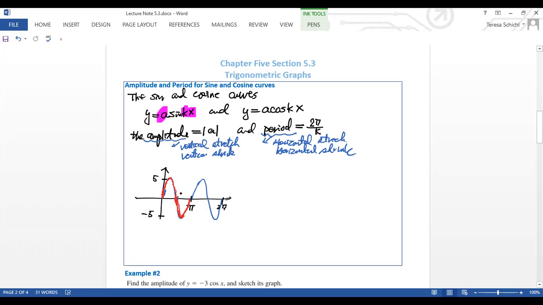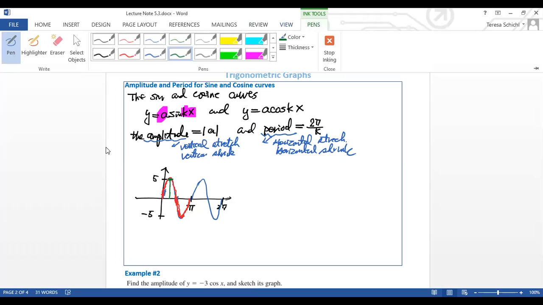So the period here is pi, which means I shrink, right? Because the period was 2 pi, and right now it's pi. And the amplitude here, from the x-axis to the highest point, is 5. So I did a vertical stretch by 5, and a horizontal shrink by 2, pushing it tighter.